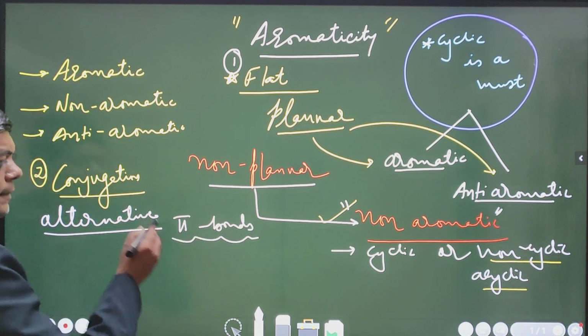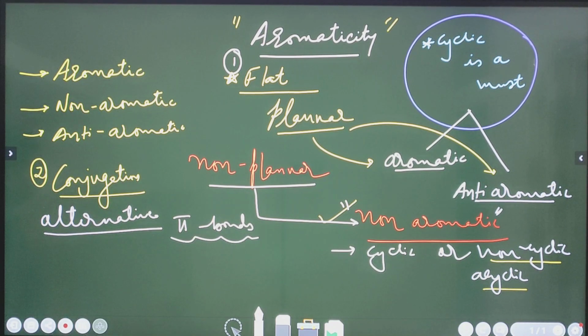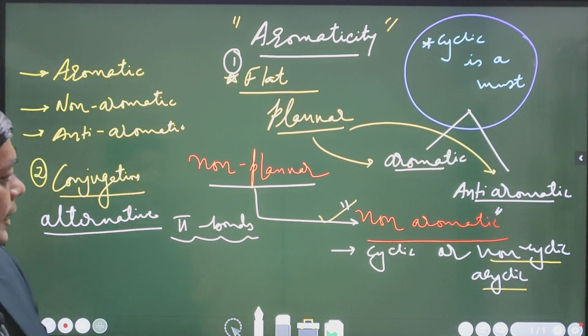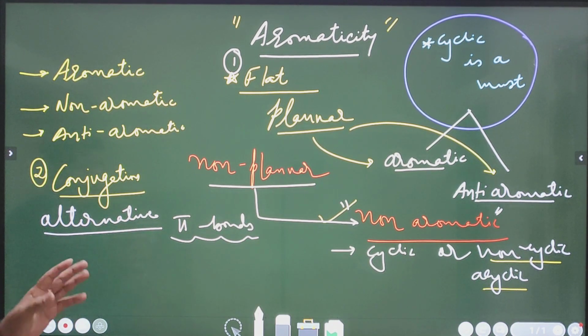If such a kind of structure is observed, it has to be aromatic or anti-aromatic. So these two are the fundamental set of conditions. It has to be planar to be aromatic or anti-aromatic. It has to have conjugated double bonds or conjugated pi bonds to fall in the category of aromatic or anti-aromatic.